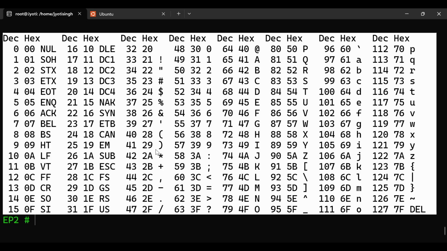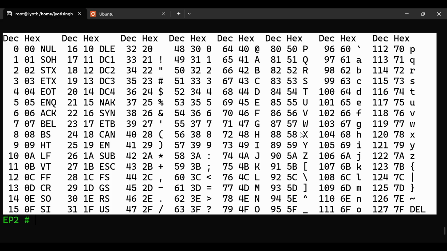This is called ASCII encoding, where every character is encoded into the ASCII format. Like A is 0x41 in hex, or 65 in decimal. J is 0x4A in hex, 74 in decimal. Like this, every character is a number.